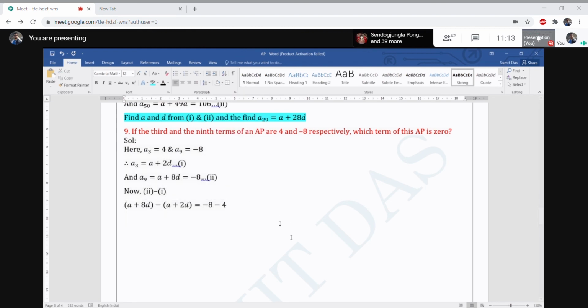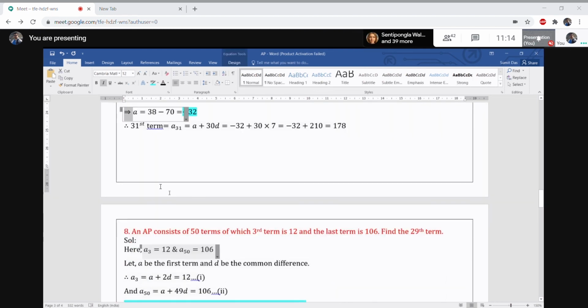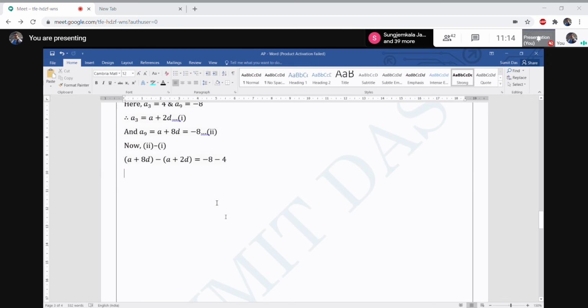After solving, A plus 8D minus A minus 2D on the left side, and on the right side you will get minus 12. Then on the left side you get 6D, which equals minus 12, which means D equals minus 12 by 6, which is equal to minus 2. Okay, D value we got.